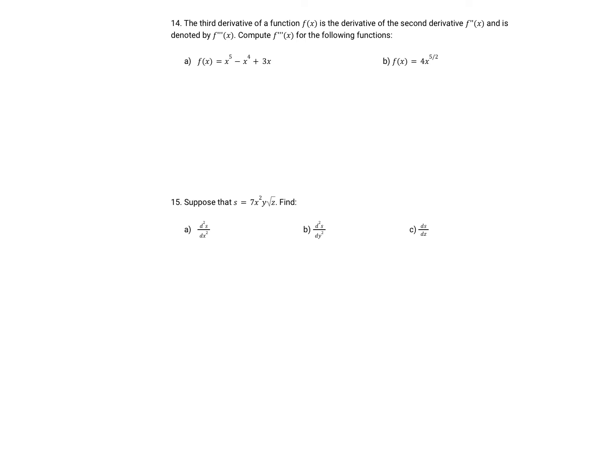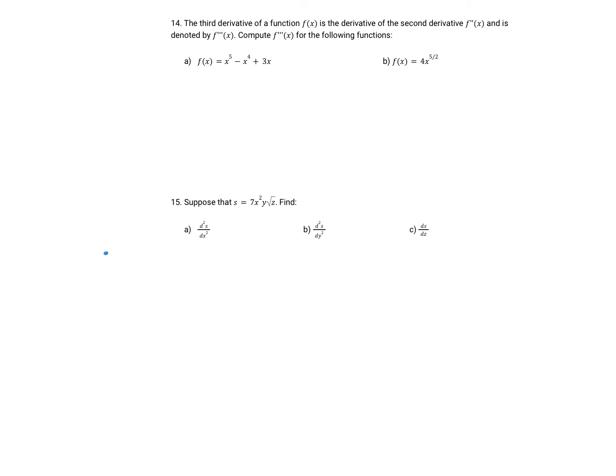So try that first and then pause this, and then I'll walk through these problems. Again, for each of these, the denominator part is saying what your variable is, and the other pieces are going to be thought of as constants when you take the derivative. Okay, you can unpause if you want to see how this is done.